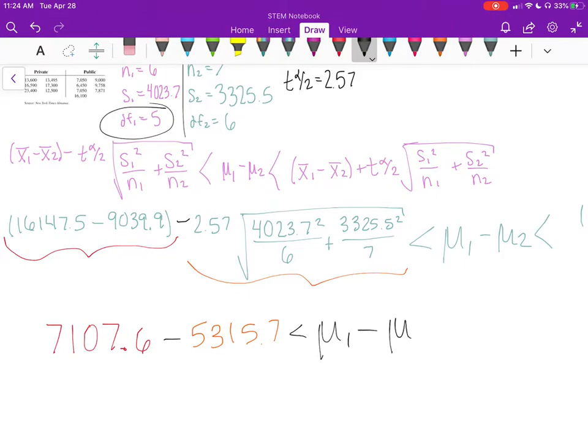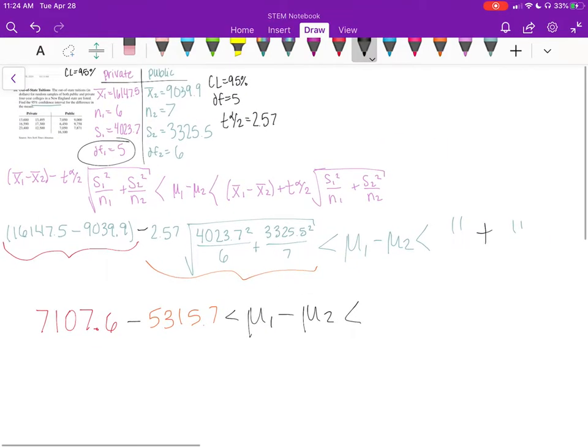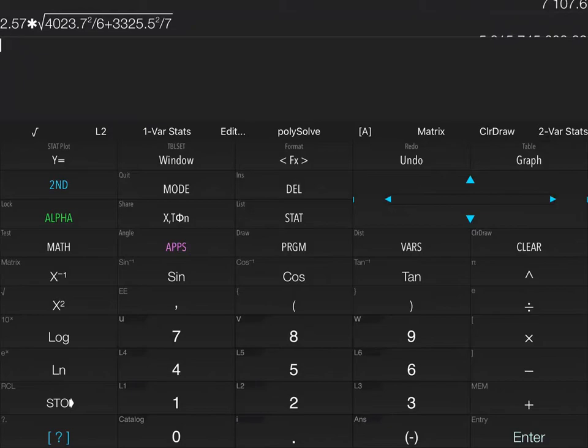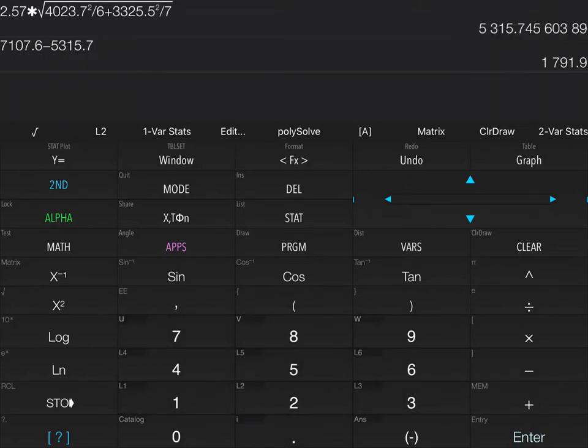And then we have our mu1 minus mu2, and again we have the same numbers, 7,107.6 plus 5,315.7. So let's plug those in our calculator now. We have 7,107.6 minus 5,315.7, which is 1,791.9.